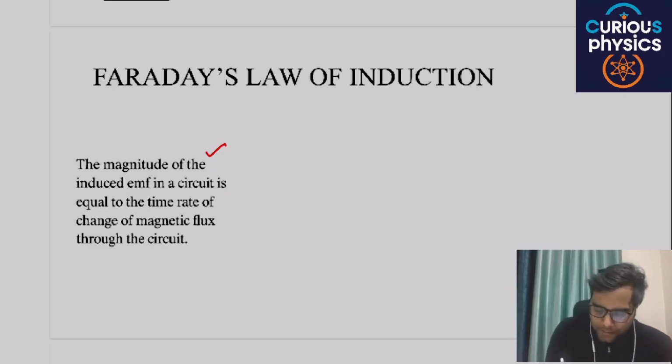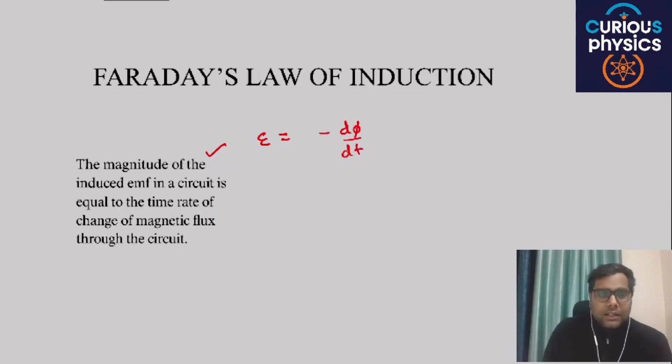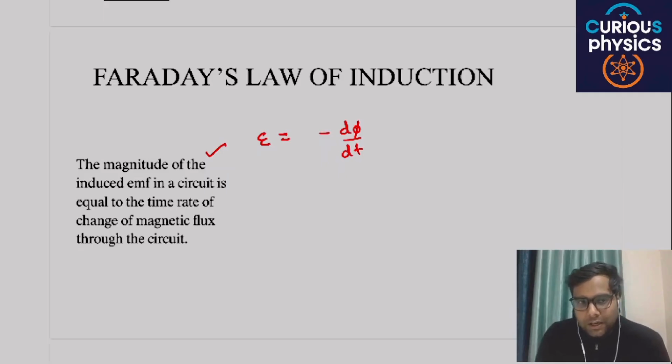So basically this is induced EMF. Induced EMF is equal to minus d phi by dt. d phi by dt is nothing but the change of magnetic flux with respect to time.